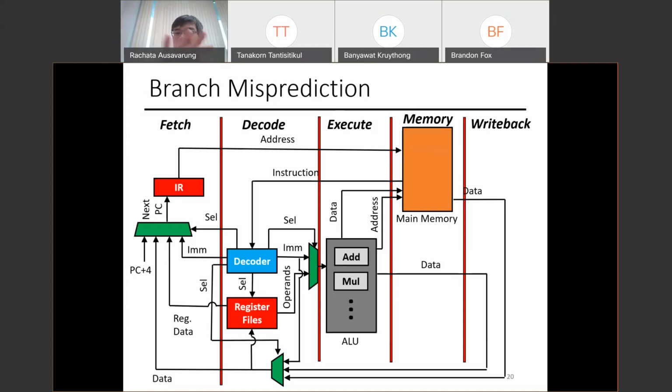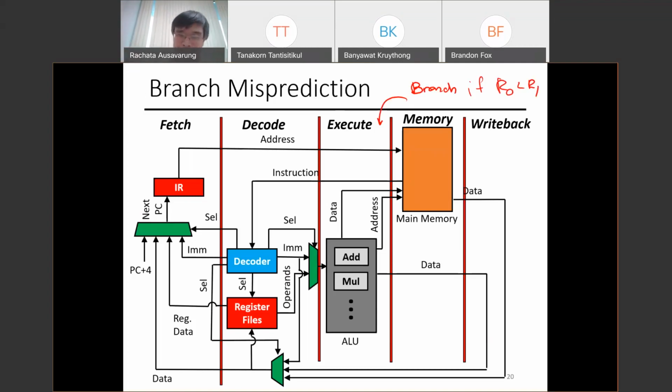So let me show you this pipeline again. Let's say I have a branch in the execute stage: branch if R0 is less than R1. What does it mean?